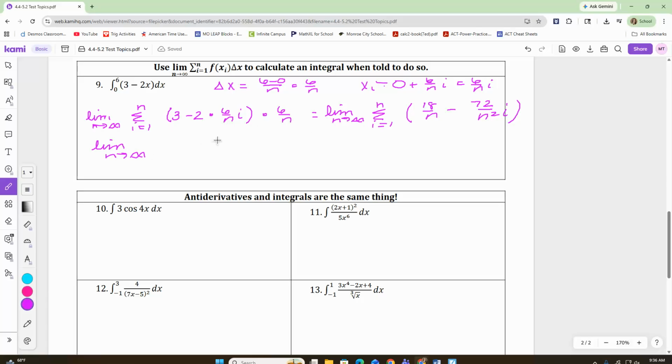What happens when I add up 18 over n? It's a constant because it doesn't have an i in it, so you have to multiply it by n. Okay, then you do your i formula. Reduce what we can.